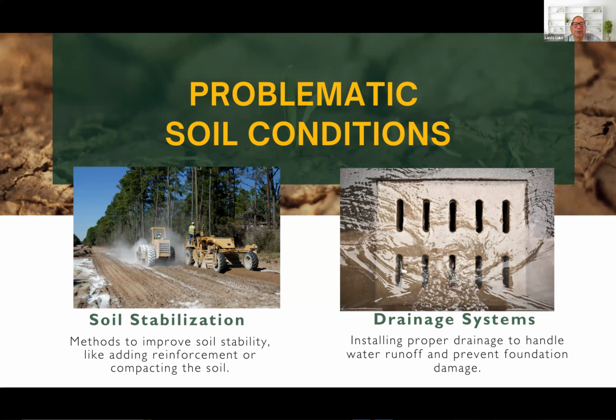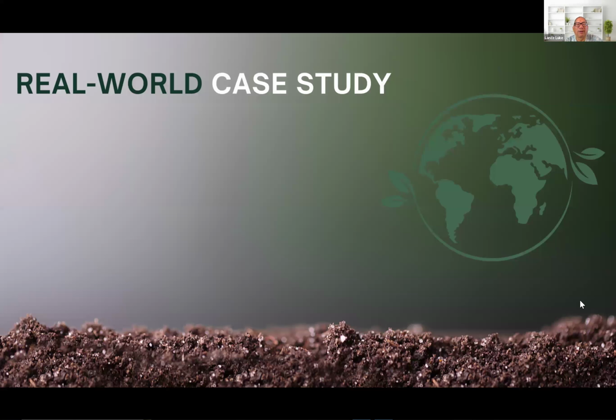You cannot just divide up and make lots without considering the drainage condition. During heavy rain, a thunderstorm, where's the water going to go, right? You have to have a system of drainage, your curbs, gutters, and so forth. The water is not just going to sink into the ground, right? Some of it will, but not all of it if you have heavy rain.